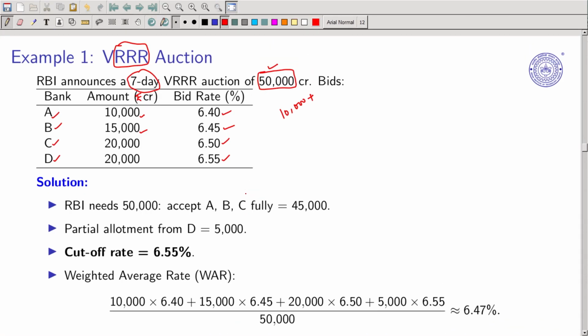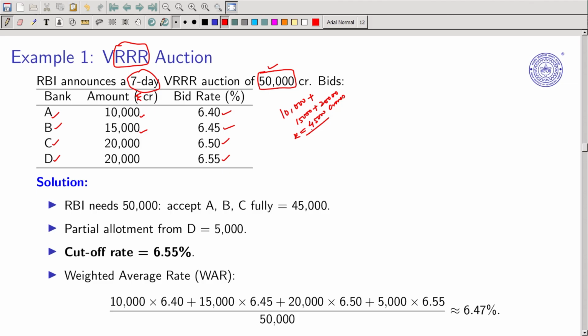So, the first bank is quoting 10,000, the second bank 15,000, the third bank 20,000. How much do we have? 15, 10, 25, so 45,000 crore rupees has been exhausted already by 3 banks.